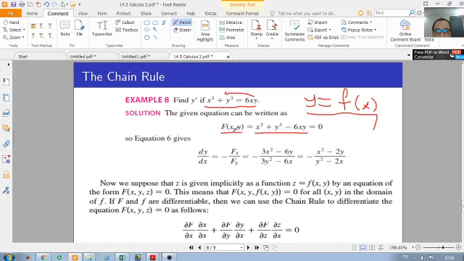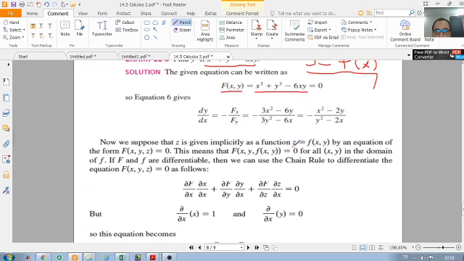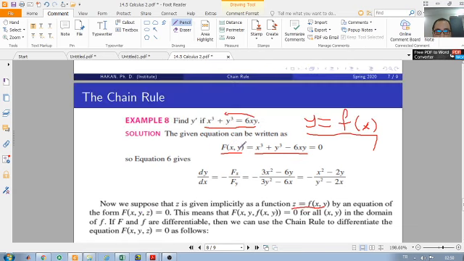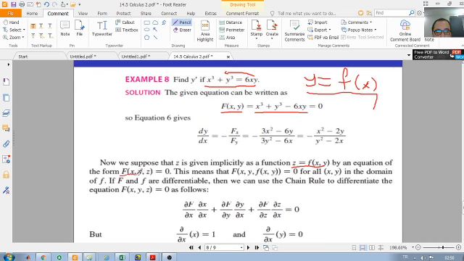So you see the implicit function is given as bigger F of x, y for functions of one variable, but for functions of two variables, the implicit form is given as bigger F of x, y, and z. x independent variable, y independent variable, and z dependent variable. Here x is the independent variable, y is the dependent variable, you see.